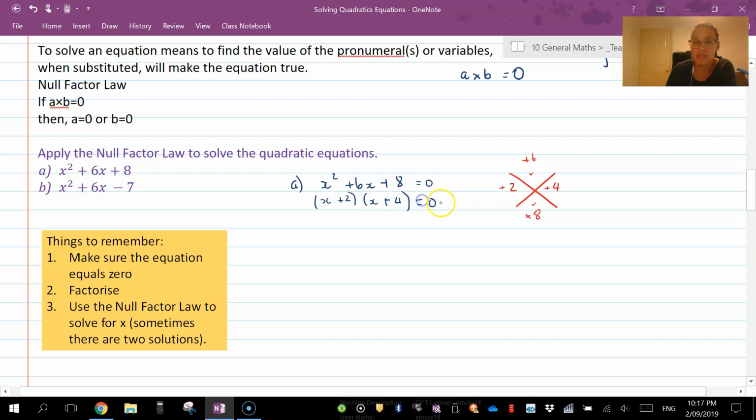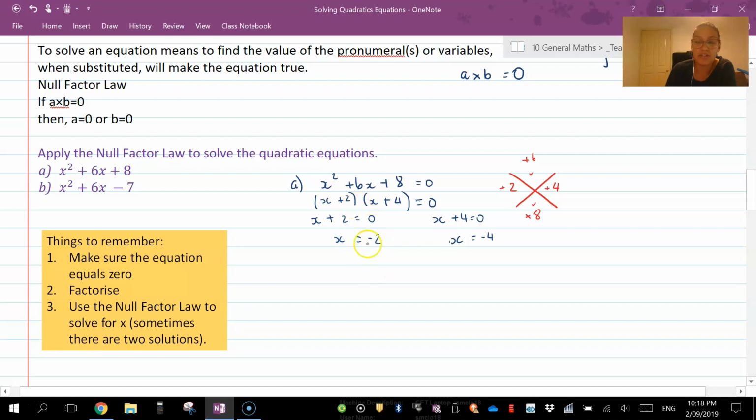Now both of these are going to equal 0 because of this null factor law. So you rewrite each one as its own separate equation. Using algebra, something plus 4 gives us 0, which means that x will equal -4. And the same over here, x equals -2.